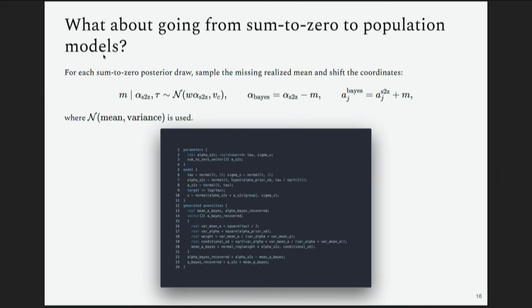So in the sum to zero, we're parameterizing this with one fewer degrees of freedom. We can draw that back out, okay? And this is a prior draw. It's based on our prior distribution. And we can draw that back out, and we can put that uncertainty back into our estimates. And that's how we recover our Bayesian estimates from sum to zero.